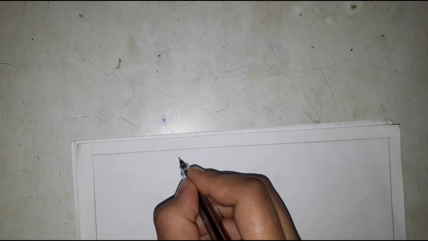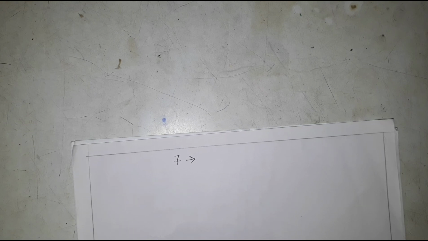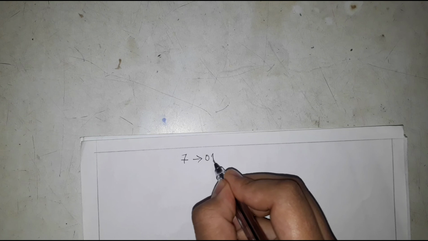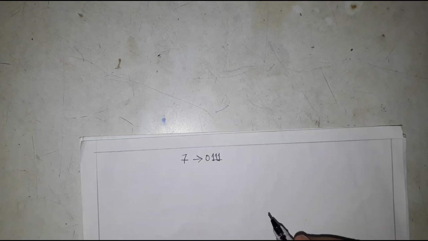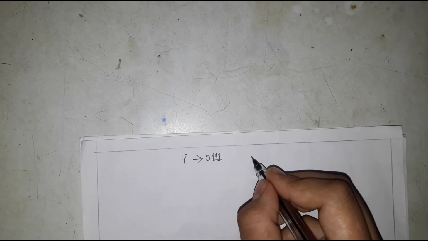I assume that the viewers who are watching might have already known how we can perform binary addition and find out two's complement, but yet I'll show it to you. So let me take two numbers for it. 7, which when converted to binary gives you 0111.